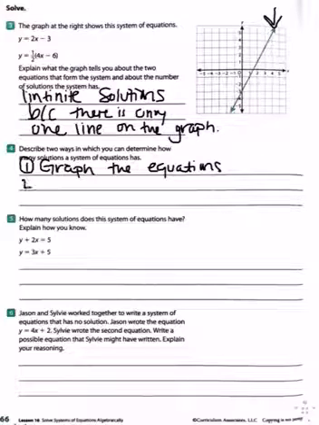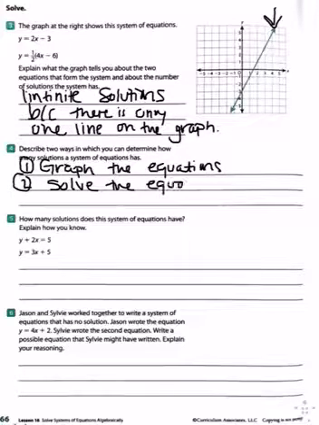Or you can solve the equations. Remember, if the equations are the exact same on both sides, it's infinite solutions. If the equations have the same coefficient or the same slope, that means that there is no solution. And if the equations have different slopes or different coefficients, then you know that it is one solution.